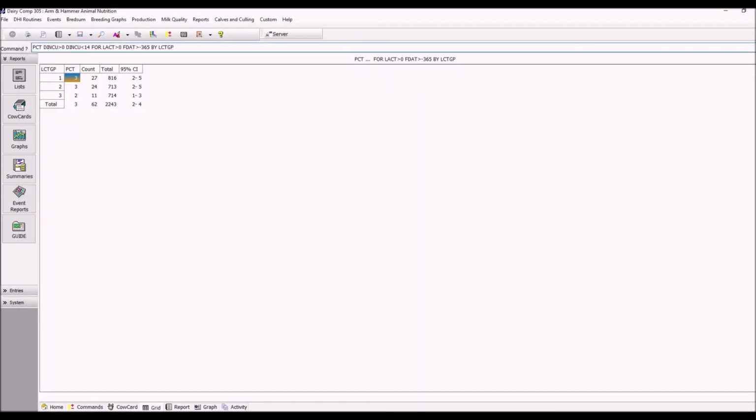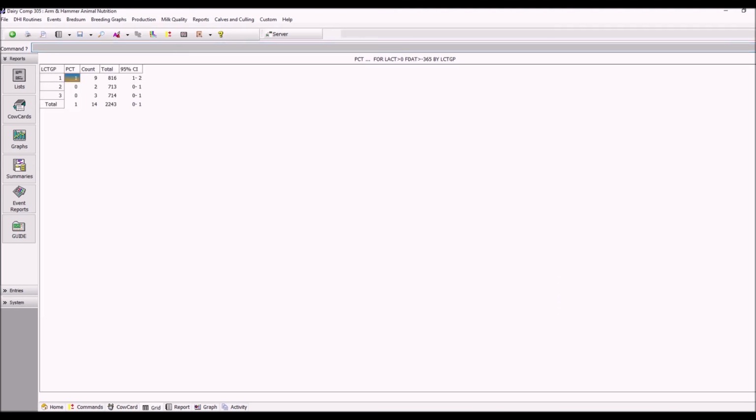Notice that this time I used days in close-up greater than 0. The reason I did that is because there's always going to be, if I type, for example, days in close-up equals 0. So basically now we're saying what percentage of the animals that calved in the last year had days in close-up equal to 0.